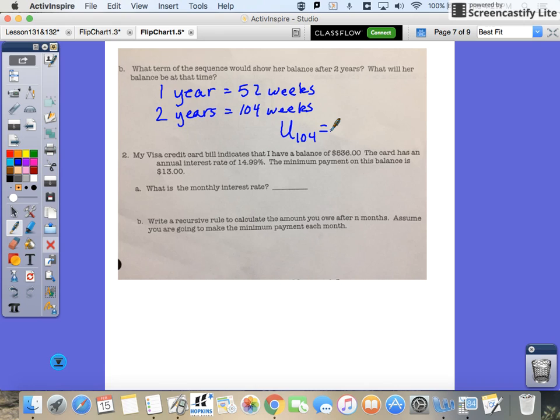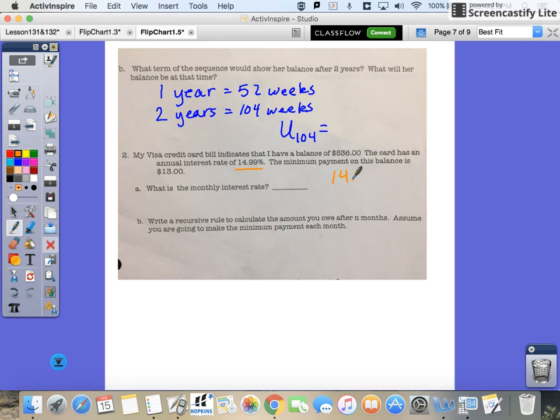Number 2 says, my Visa credit card bill indicates that I have a balance of $536. The card has an annual interest rate of 14.99%. The minimum payment on this balance is $13. What is the monthly interest rate? Well, we know this is the annual interest rate. And how many months are in a year? 12.